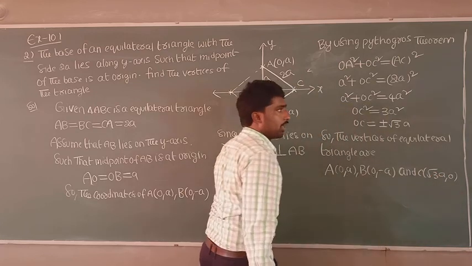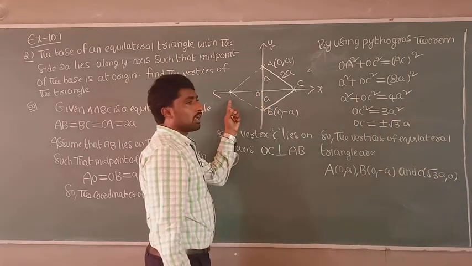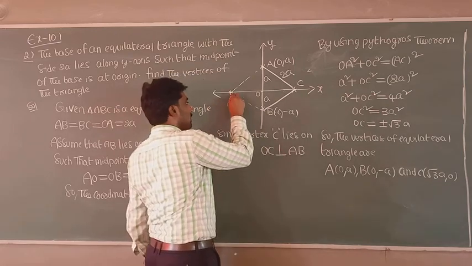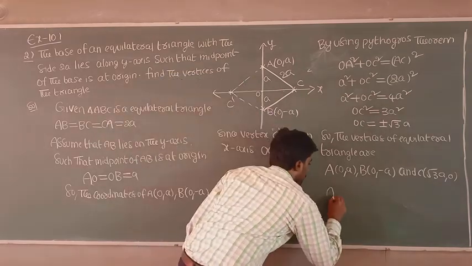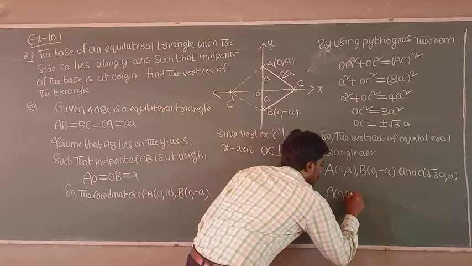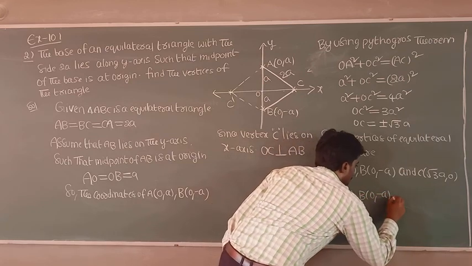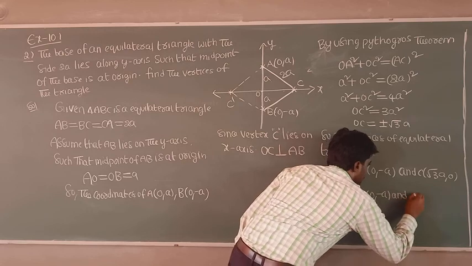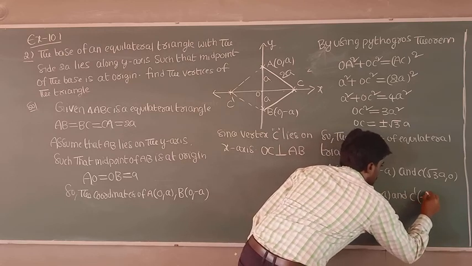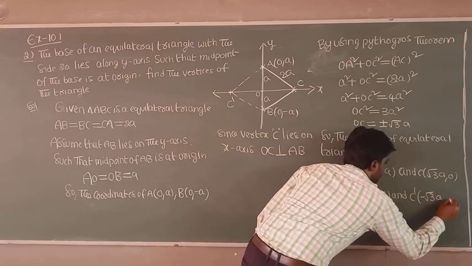One more point I am getting here: minus root 3a comma 0. This point you take as C dash. So A point is 0 comma a, B point is 0 comma minus a, and C dash point is minus root 3a comma 0.